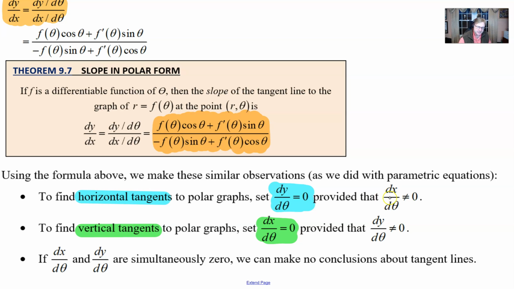However, there are some extra caveats for both of these conditions, and that is provided that they're not both equal to 0, I mean both the top and the bottom. They're not simultaneously equal to 0, because if that were the case, you can make no conclusions about tangent lines, and that's really important.